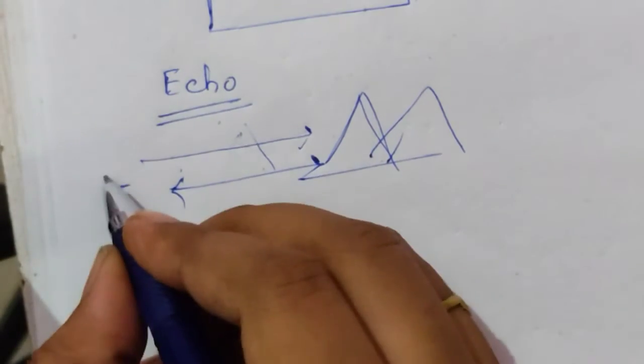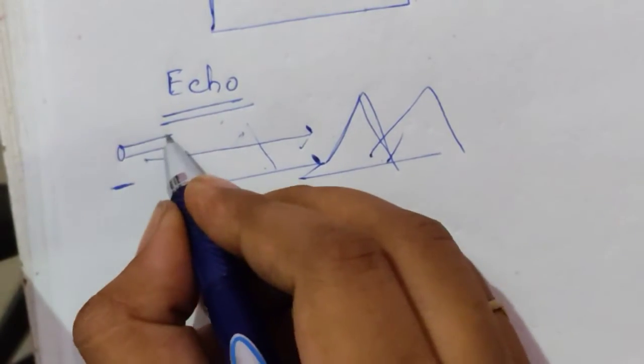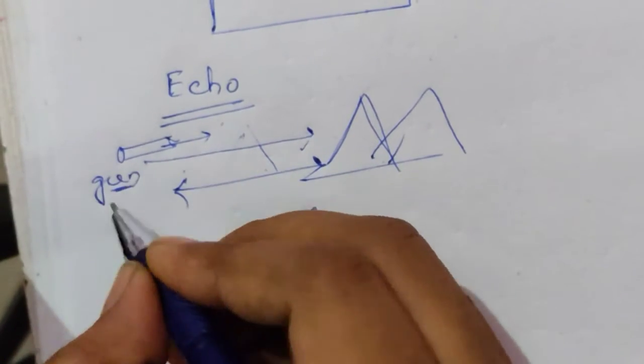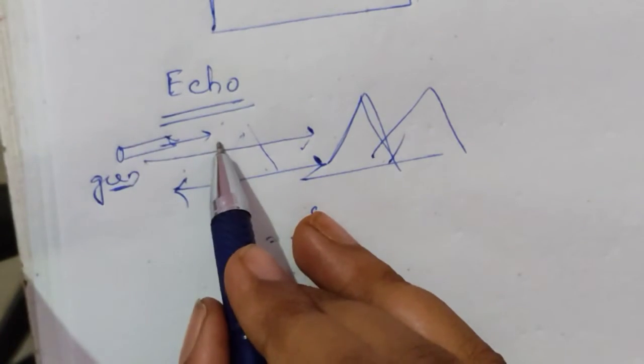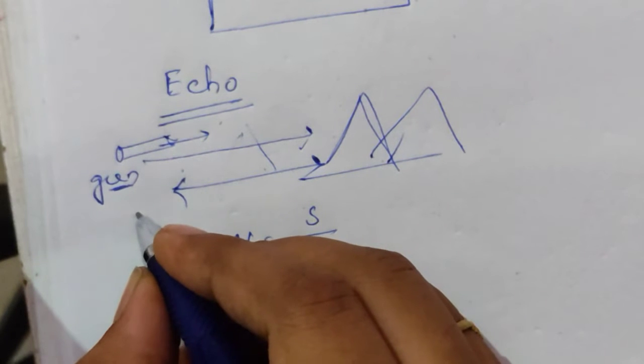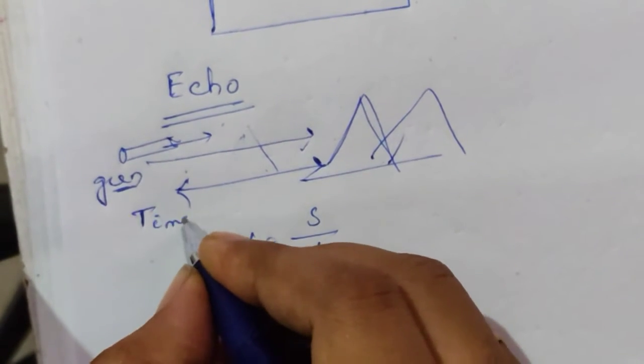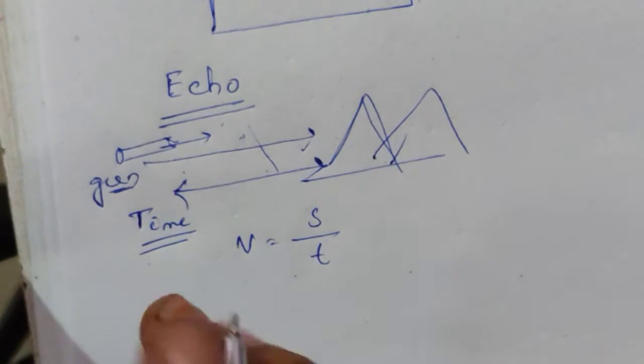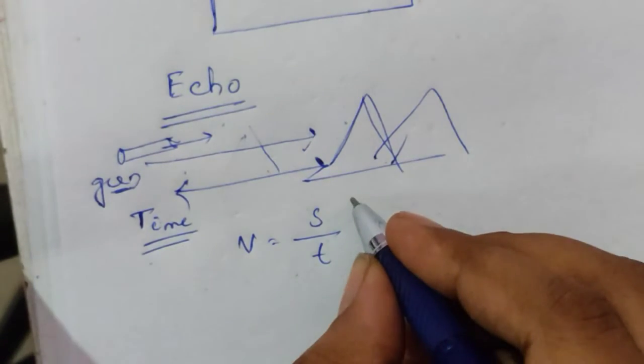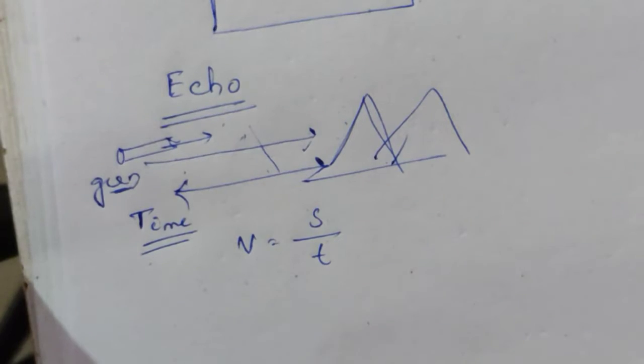Getting my point? First, a gun will be fired in this direction. Suppose this is the gun. Now the gun will be fired in this direction. We need to note the time at which the gun is fired, and also the time at which we hear the echo of the gunshot.